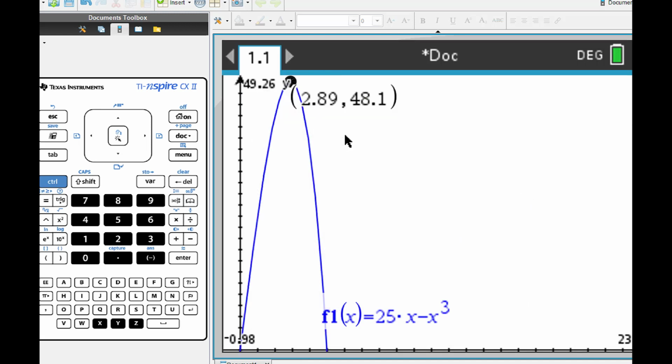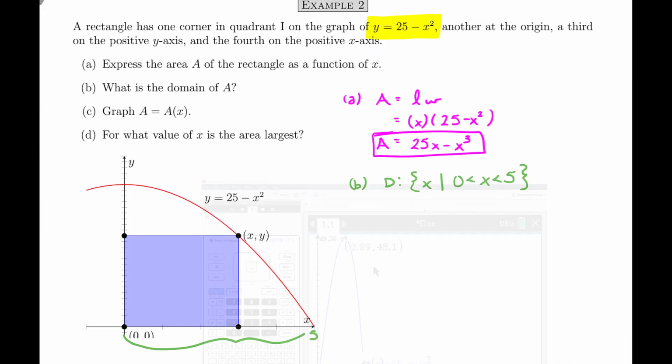So when x is 2.89 units long, the maximum area happens to be 48.1 square units. So for what value of x is the area the largest? That is part D.